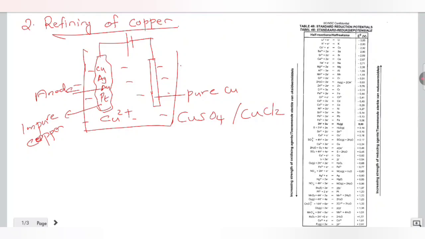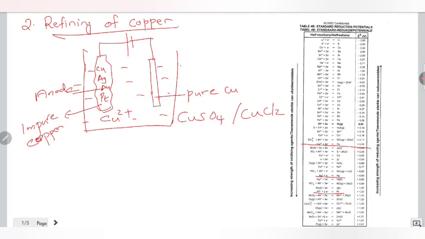Out of these, our copper is this one. You still remember the copper that I told you, right? So copper, gold, silver, platinum, it must undergo oxidation. What is happening at the anode is oxidation. But when you look at silver and platinum, copper is a stronger reducing agent than silver and platinum.